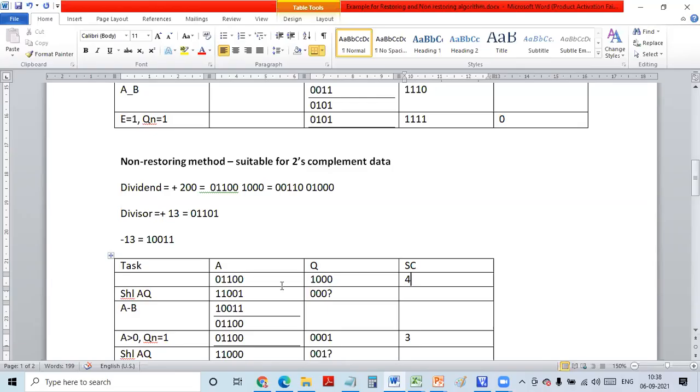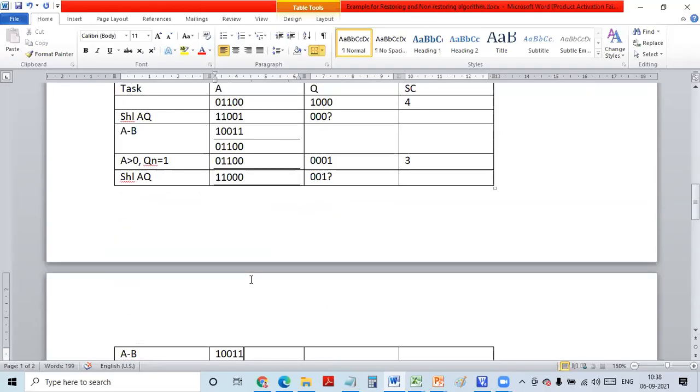Yes, ma'am. Okay, so we start with the operation. A is loaded with this data I have taken. If you want me to do the other, we will do this also. Both are the same; I have checked and I am getting the result. This is your A, and Q is loaded with 1000.